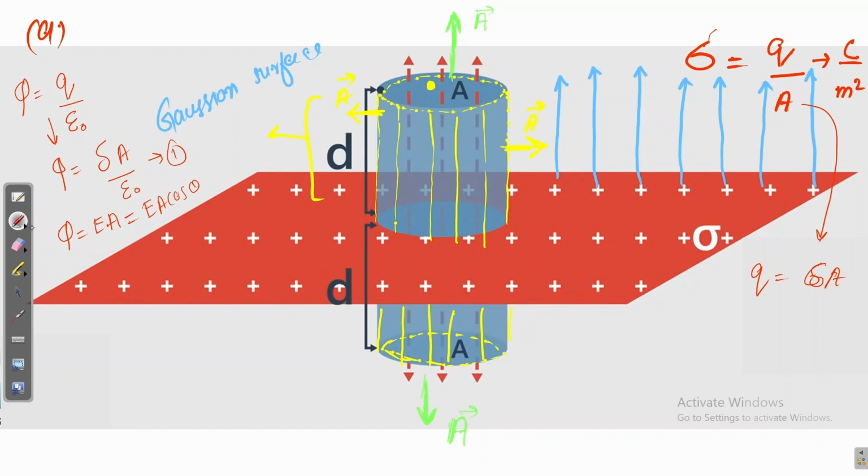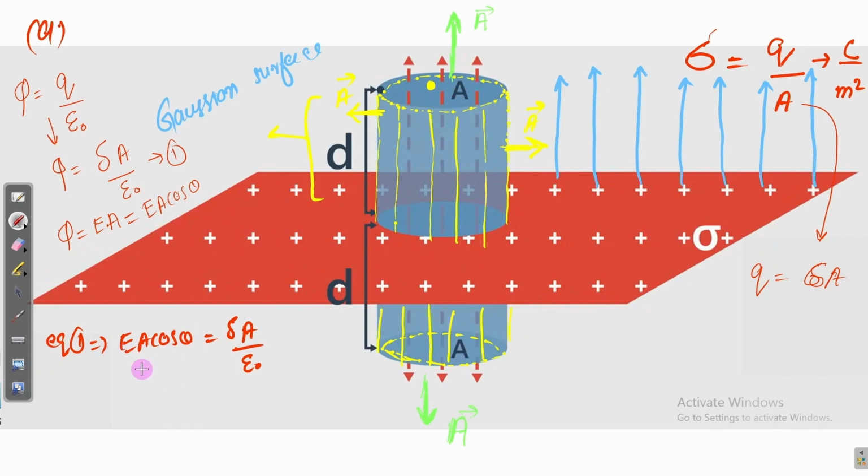Okay, so in this equation now I am going to put the value of phi. So equation 1 implies that on the left side of the equation is phi, and phi is equal to E A cos theta, which is equal to, instead of this I write this, sigma into A divided by the permittivity of free space.